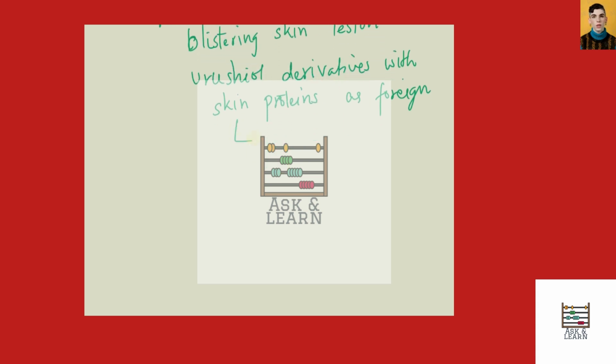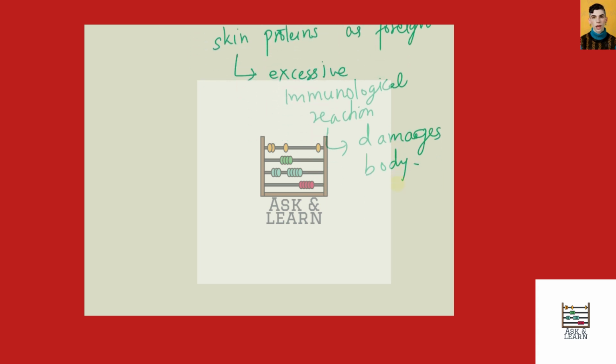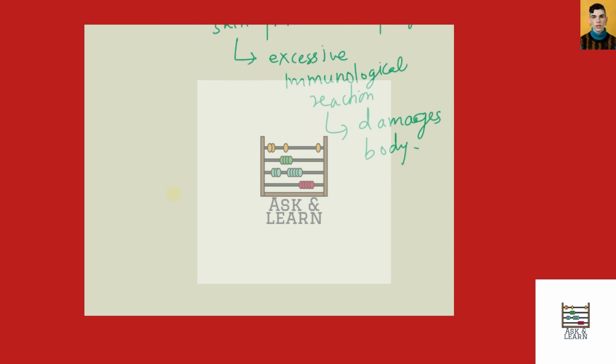We know this is an excessive immunological reaction that damages the body. So it ultimately is going to damage the body, and this results in the skin lesion or blistered skin.